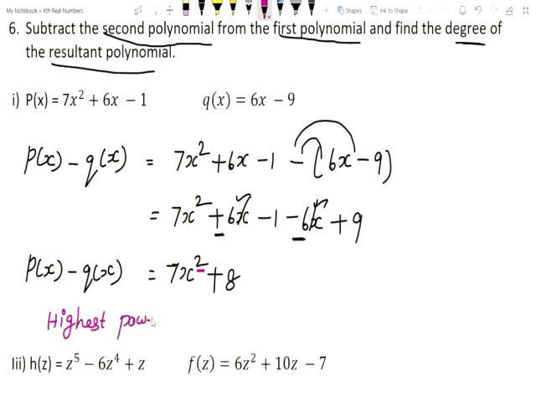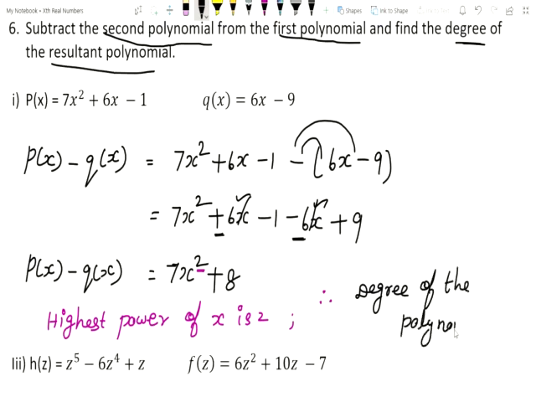The highest power of x is 2. Okay, so therefore the degree of the polynomial is 2. You understand, children?